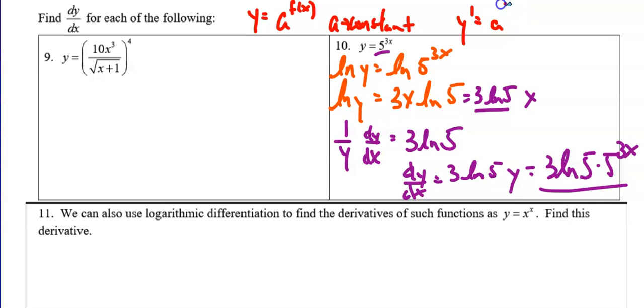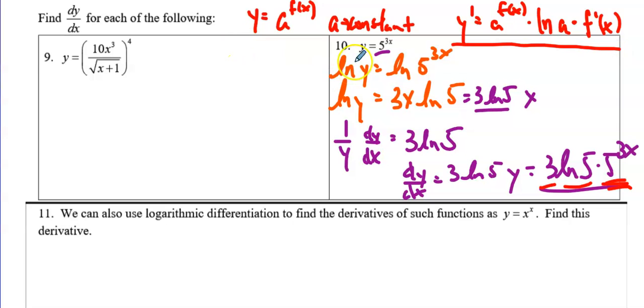It's going to be a to the f of x, so you're going to copy that down. You're going to multiply by the natural log of whatever a is. It's always going to work, the natural log of a. And then you're going to multiply by the derivative of your function. So the derivative of 3x is simply going to be equal to 3. And so this is your shortcut that you can do now, so you don't have to do this craziness again.